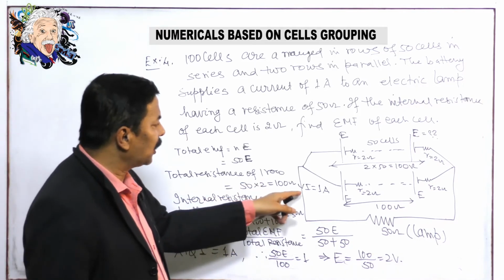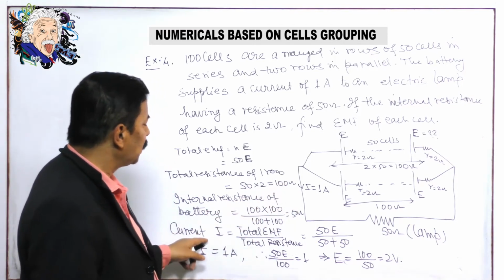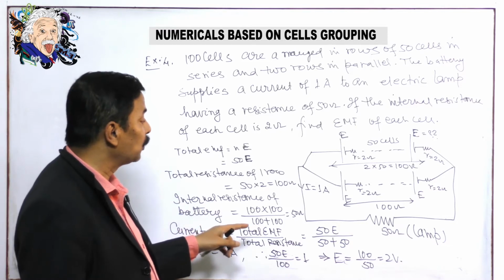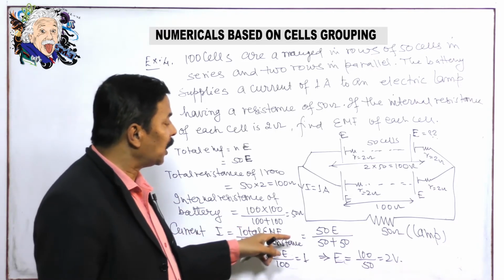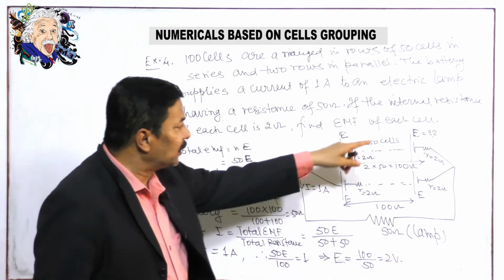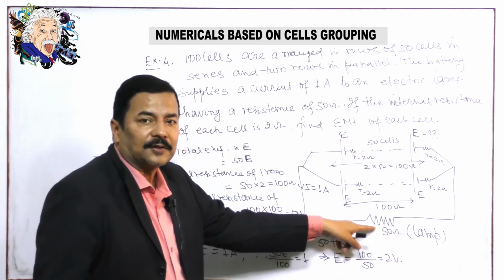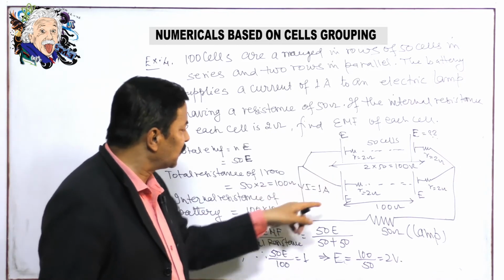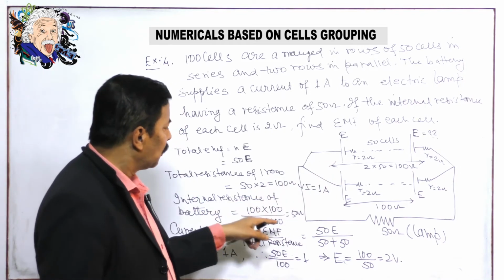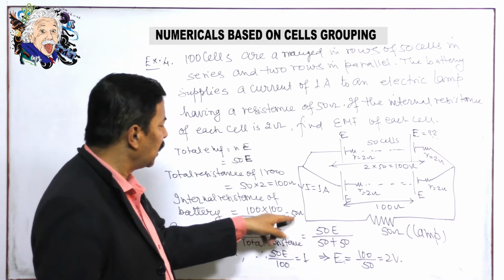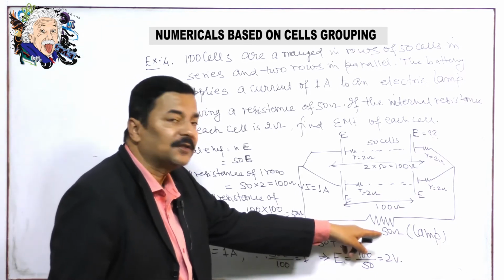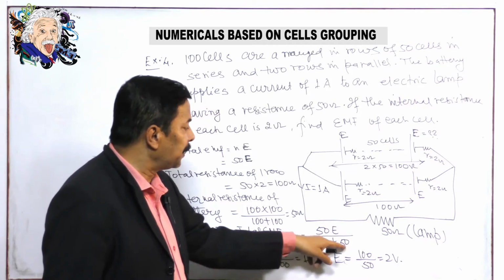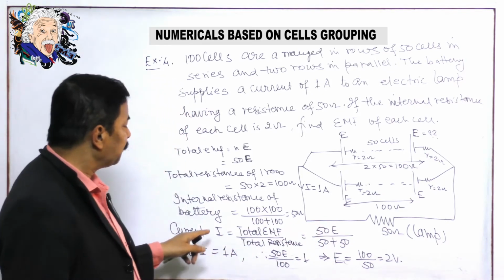Now the current should be equal to total EMF by total resistance. Total resistance is internal resistance plus external resistance. So total EMF is 50E and total internal resistance is 50 ohm, plus external load resistance 50 ohm. So 50E by 50 plus 50 should be equal to I.